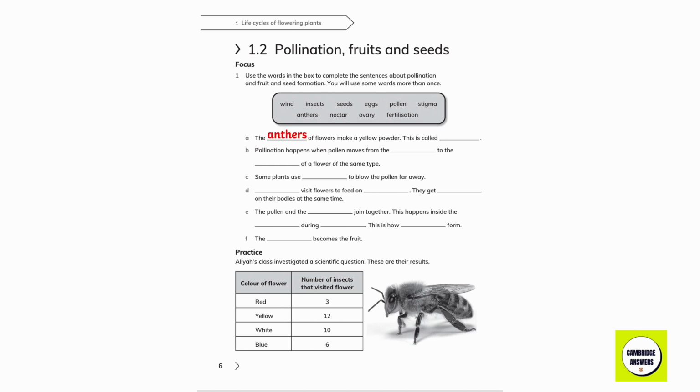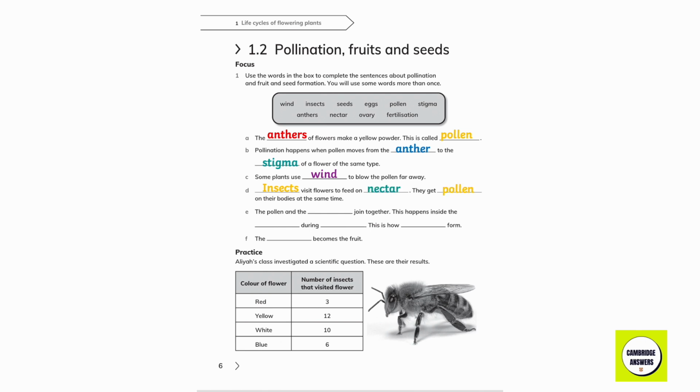The anthers of flowers make a yellow powder. This is called pollen. Pollination happens when pollen moves from the anther to the stigma of a flower of the same type. Some plants use wind to blow the pollen far away. Insects visit flowers to feed on nectar.